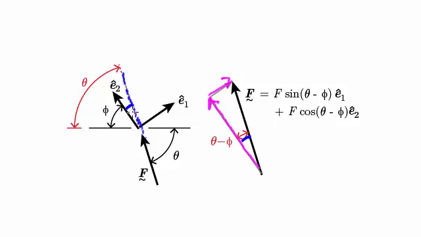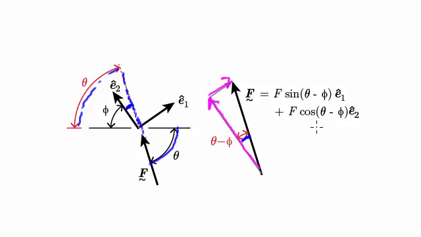So what's that angle? Well, if I extend this all the way out here, we'll notice that since this angle is theta right here, that angle is theta right there. So the angle that I'm looking for, this one right here, is theta minus phi. Theta minus phi. Do you see how that all worked out?